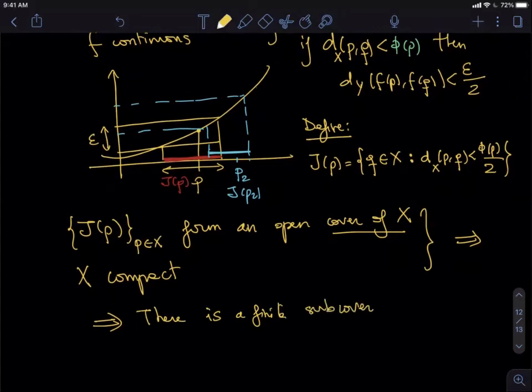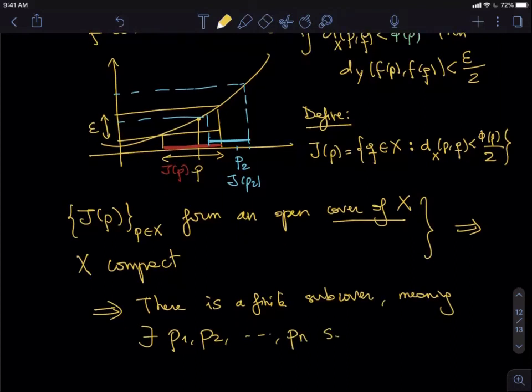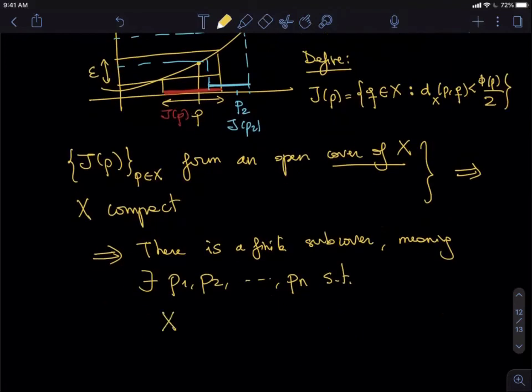But because the cover is indexed using the points, that means there exist points P1, P2, let's say Pn, such that X is contained in the union of the corresponding neighborhoods, J of P1 union J of P2, and so on all the way until the last one.